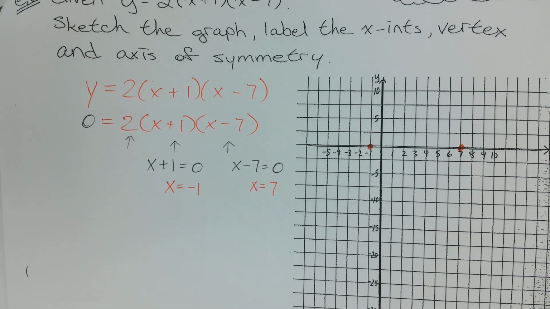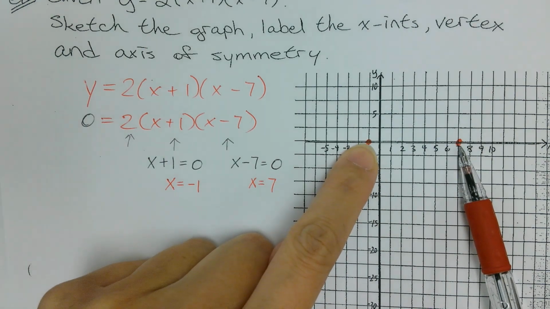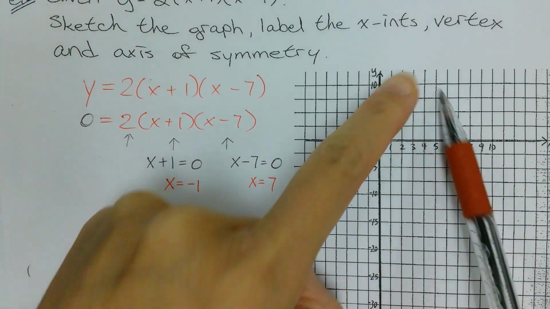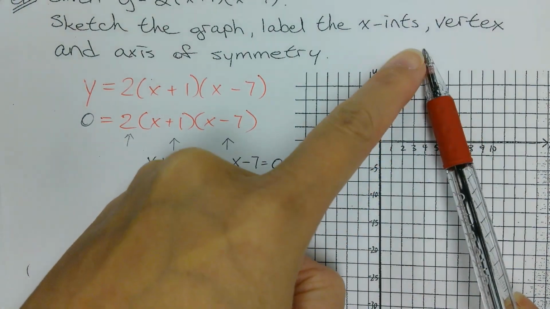What about that curve? Okay, Aryan? It's symmetrical, right? So if these are my x-intercepts, my vertex has to be somewhere in the middle.